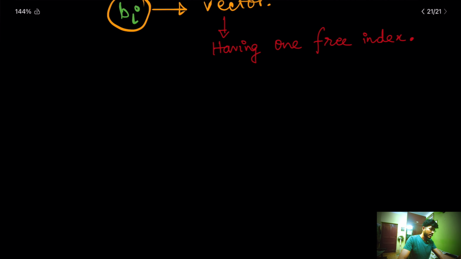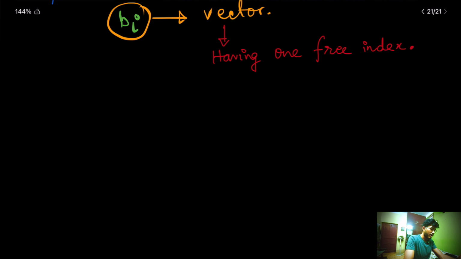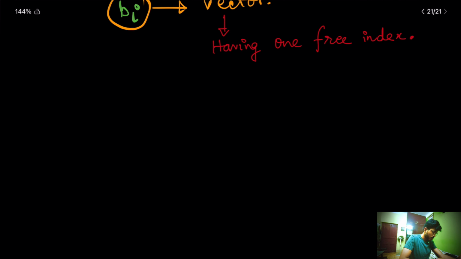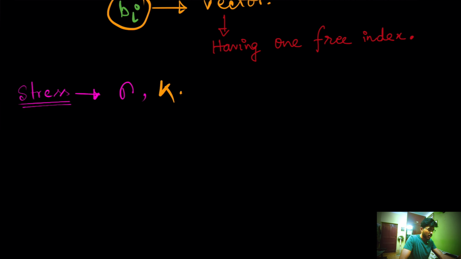Now likewise, if I take the stress, and I denote it by sigma, or let me talk about the quantity thermal conductivity K. Now you see that K needs to be specified along 2 independent directions.